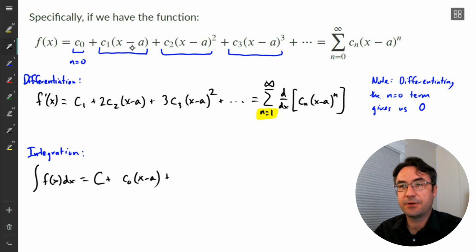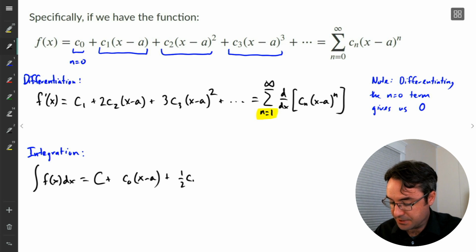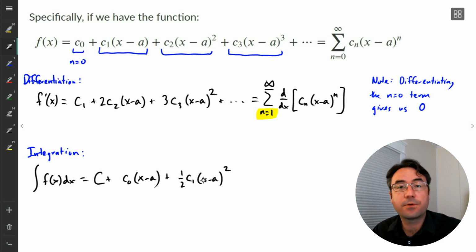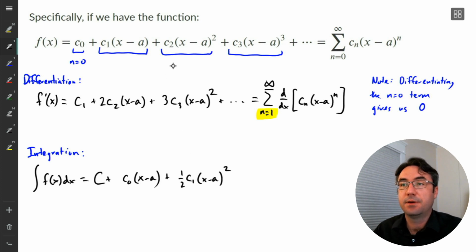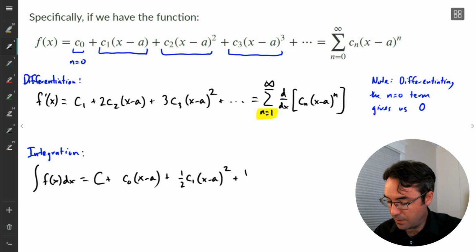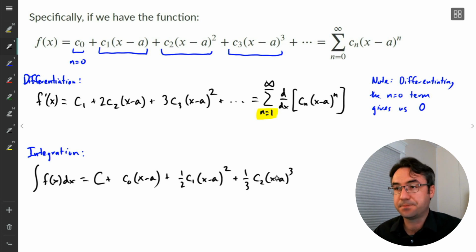Now what would be the antiderivative of that second term? Well, it would be 1/2 times c1 times x minus a squared. So just power rule for integration. What would be the integral for the next term? Well, it would be 1/3 c2 times x minus a cubed.